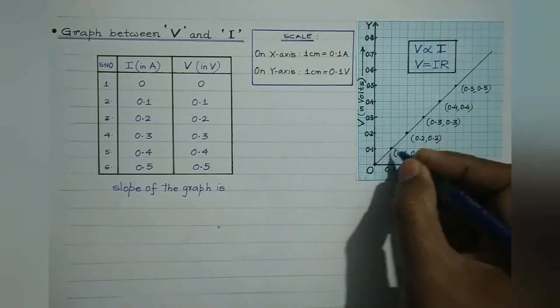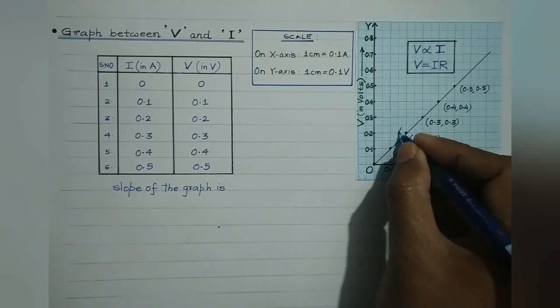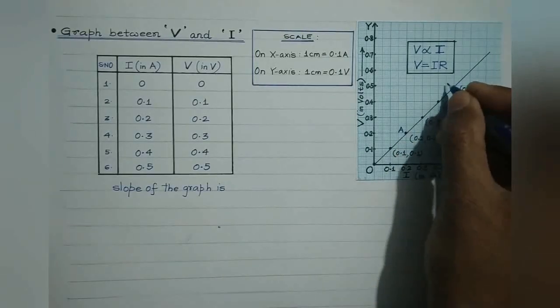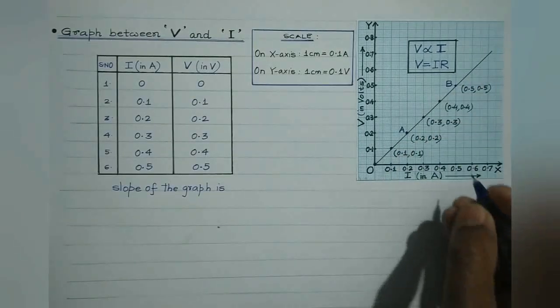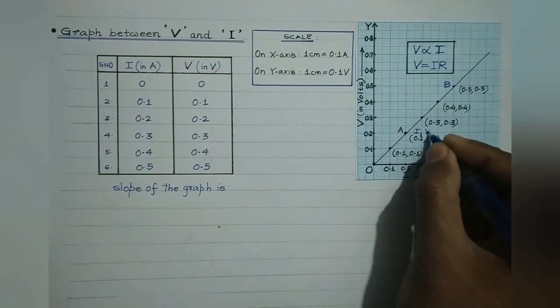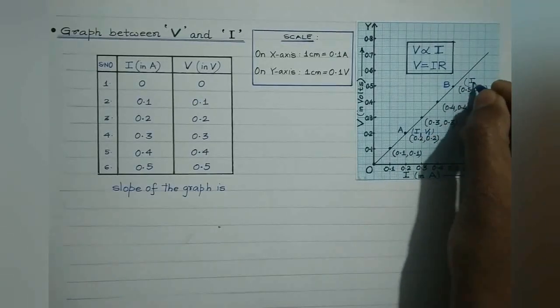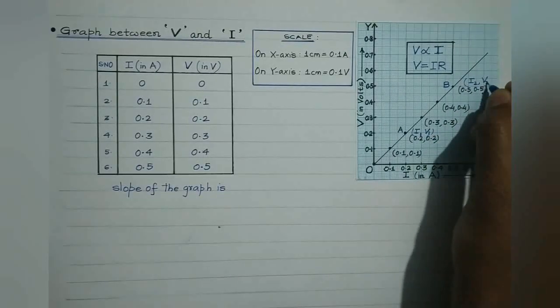Suppose you consider any 2 points, right? Any 2 points can be considered. Suppose we consider this to be point A and this to be point B. This is I1, V1, and this is I2, V2.